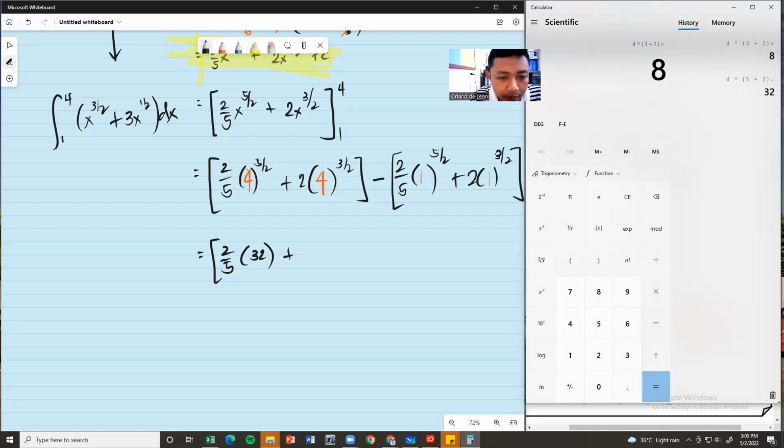So that will become 2 times 8. Okay? Minus, whatever you do with this, if it's just 1, the answer will still be 1. Let's just try. 1 raised to 5 divided by 2 equals 1. Still 1 pa rin yun.